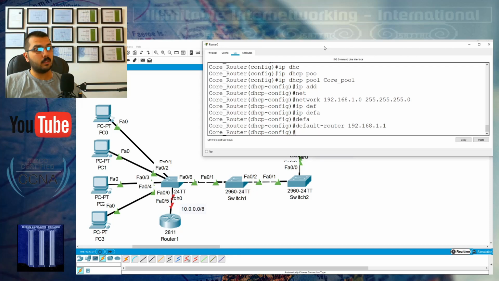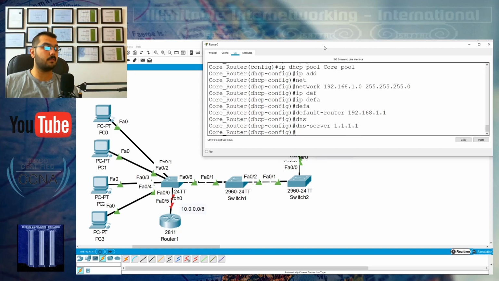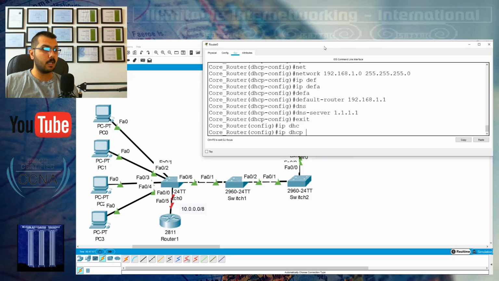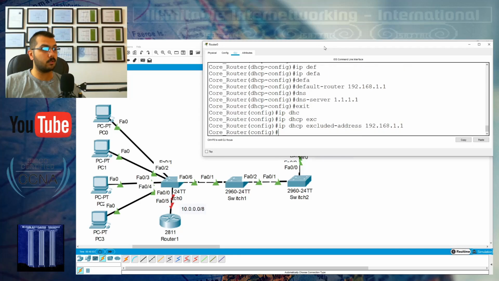And another thing that we need, since there is a pool that's offering IP addresses, is a DNS server. Make it the Cloudflare DNS, the new one from Google, and that's it. But let's exclude the IP address for any conflict that might happen. ip dhcp excluded-address: please don't offer 192.168.1.1 to any computer because it's already used on the router.